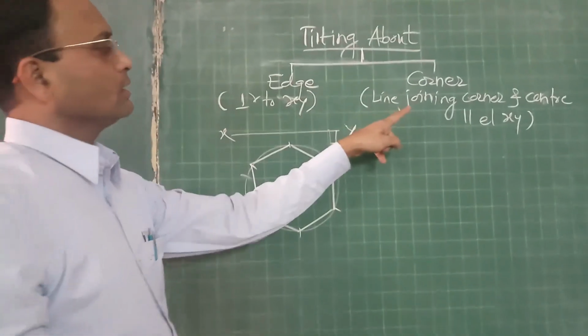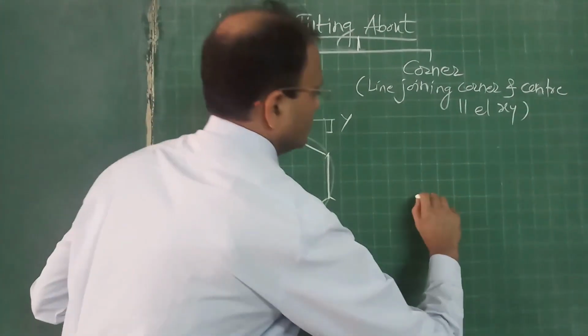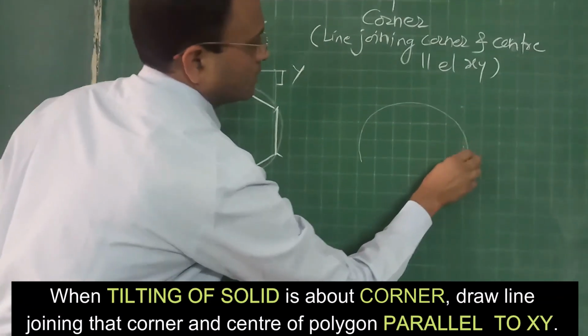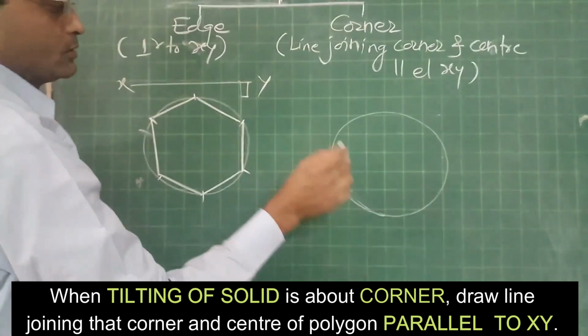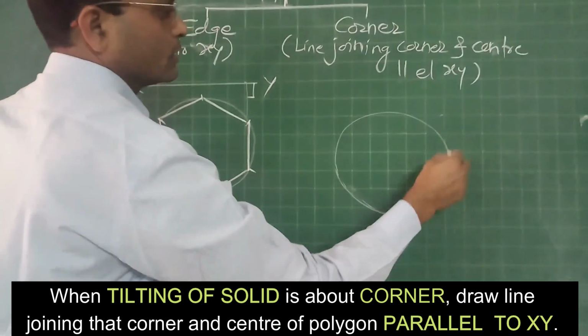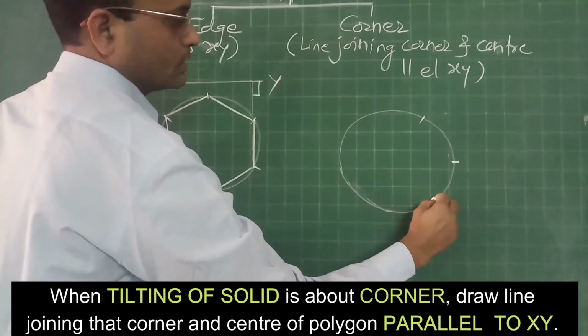Now if it is about corner, then the orientation of top view will become something like this. So here we need to start from one corner and go on marking points like this.